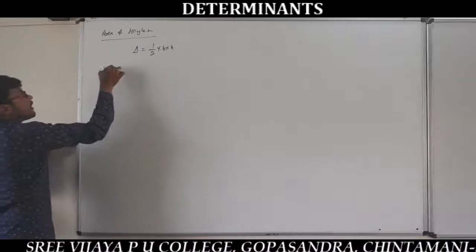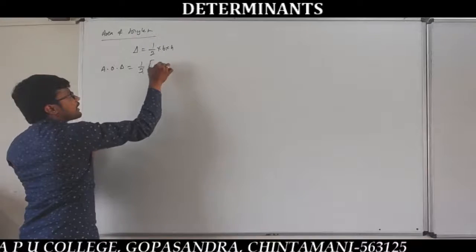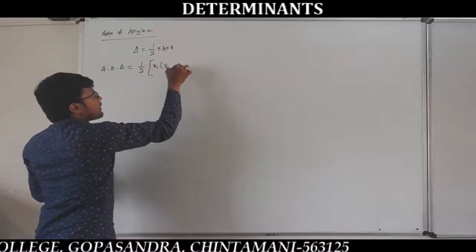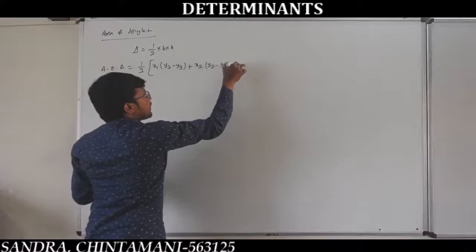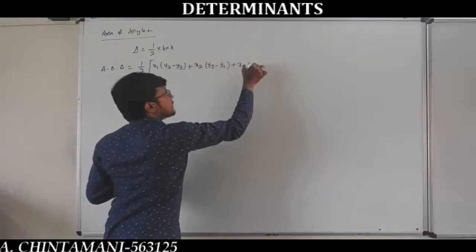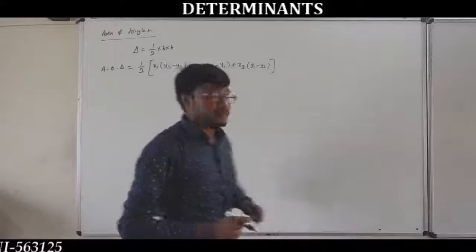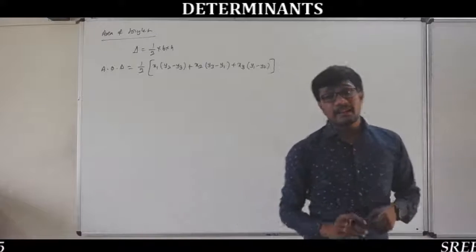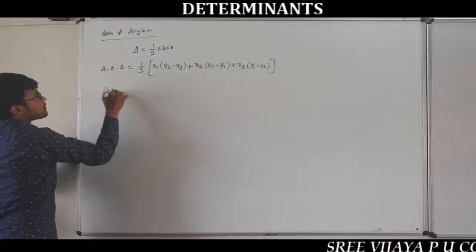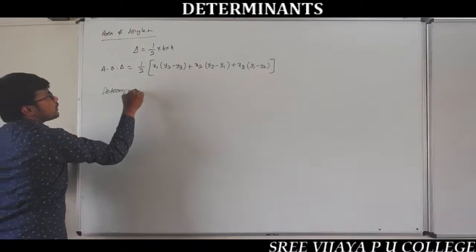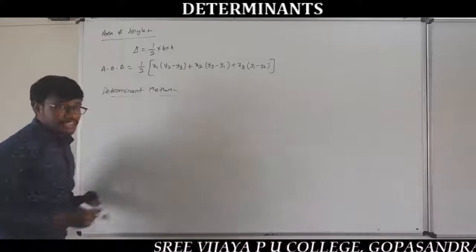In the 10th standard, area of triangle equals to 1 by 2 into x1 into y2 minus y3 plus x2 into y3 minus y1 plus x3 into y1 minus y2. So this is the formula you discussed in the 10th standard, right? Now in the second PUC, you are doing the area of the triangle by the determinant method. So what is the determinant method?